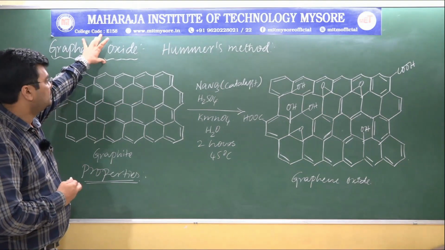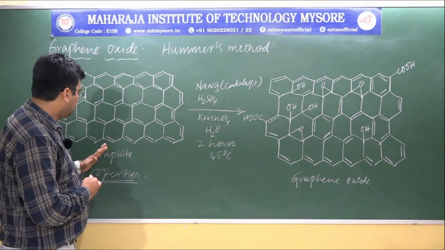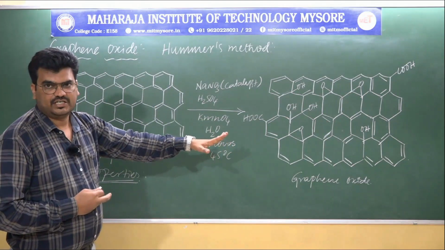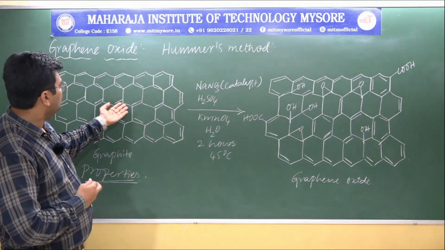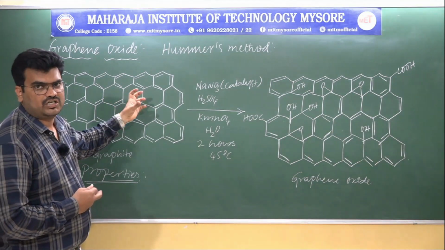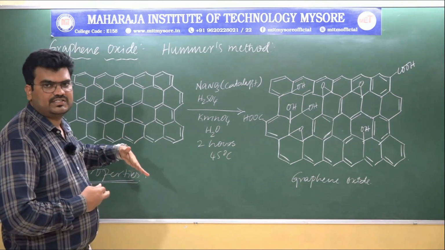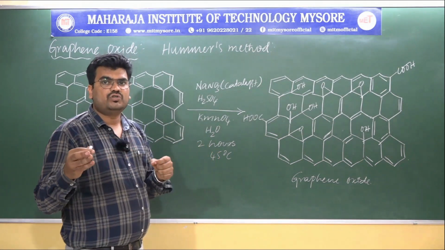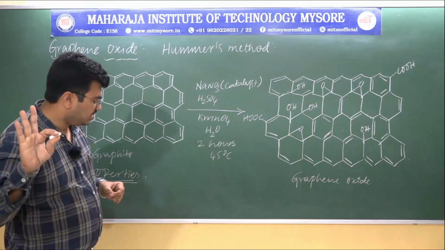While preparing graphene, we are going to get graphene oxide, remember. Our aim is to take out one atom thick layer of carbon atoms from graphite. It is a two-dimensional nano sheet with a thickness equal to a single carbon atom, remember.